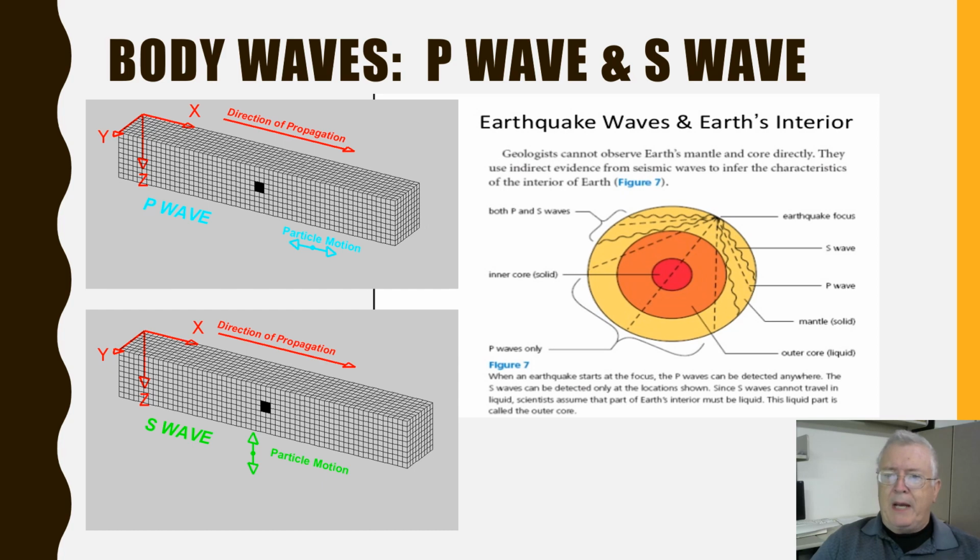So here's a picture of an earthquake. You can see where the focus is of that earthquake up there on the right-hand top. That's where everything is generated. And then these waves that are generated travel through the Earth in a straight line until they reach the other side of the Earth.